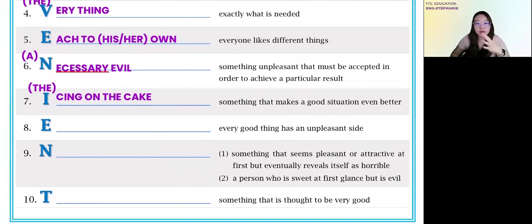If you want to talk about every good thing has an unpleasant side, I think this one I've brought up in our normal class, about roles. Do you still remember it? Will you be able to tell me about it? Every good thing has its bad side as well. So that means everything has its own two sides, but it's meant to be used after you talk about all the benefits.